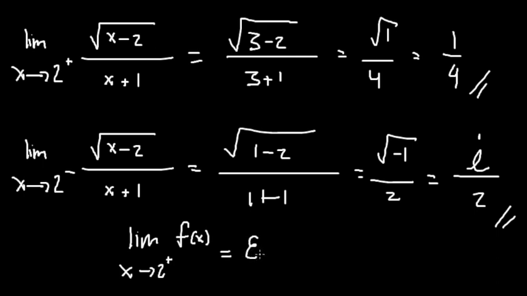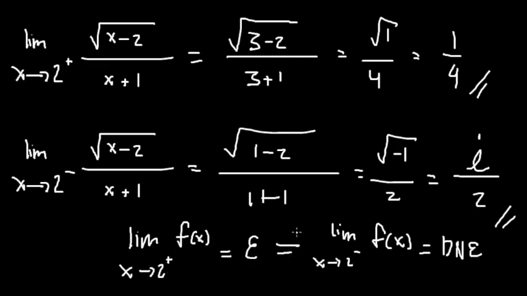However, the left hand limit, denoted as x approaches 2 minus, will not exist, it doesn't exist. Now we can see that the right and the left hand limits are not equal to each other.